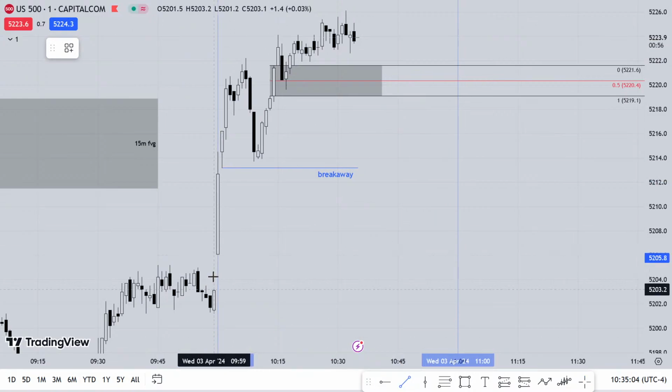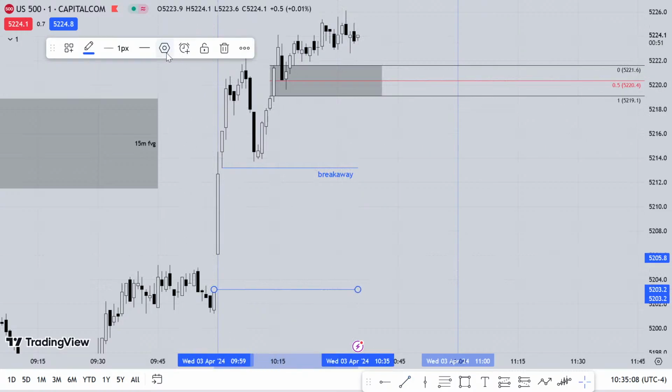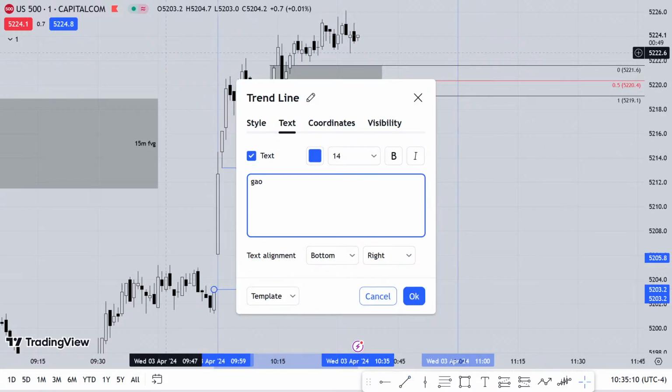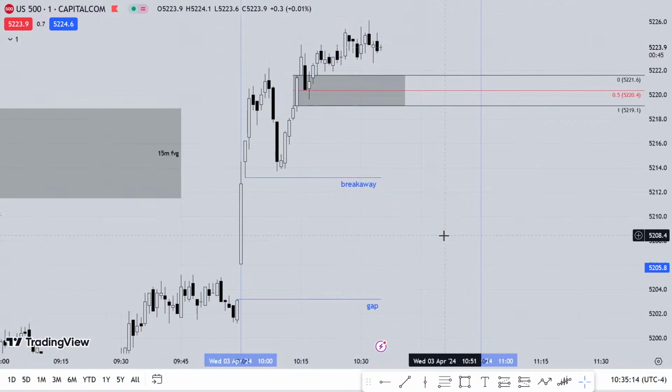This is a breakaway gap. So the breakaway gap is like rocket fuel.